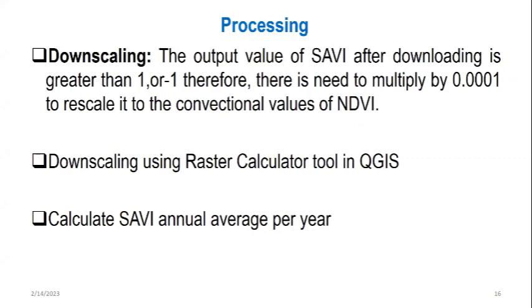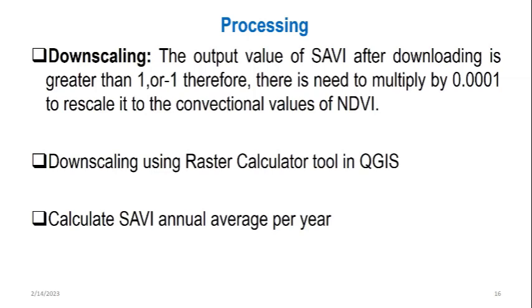Therefore, these need to be multiplied by 0.0001 to scale it to the convertible values of NDVI. Remember, if you are going to interpret this image, these indexes count from 1 to -1. So if your image has greater pixel values, maybe in the 1,000s, you need to downscale them.